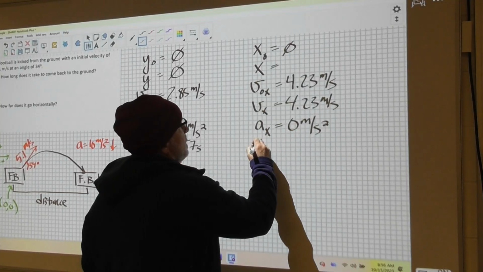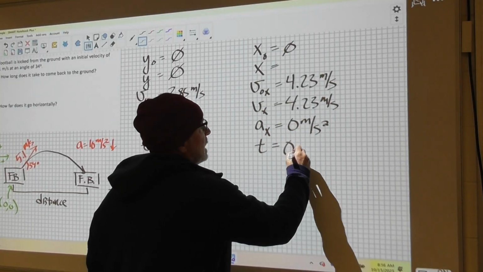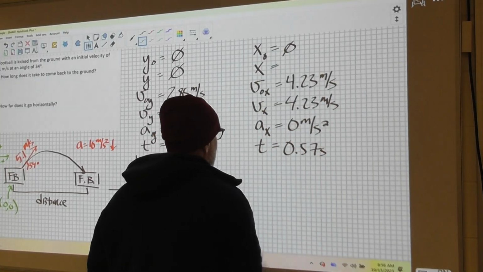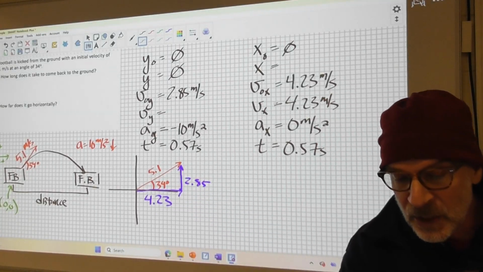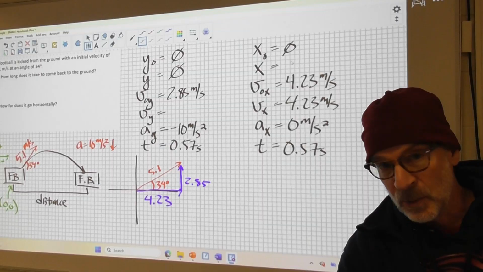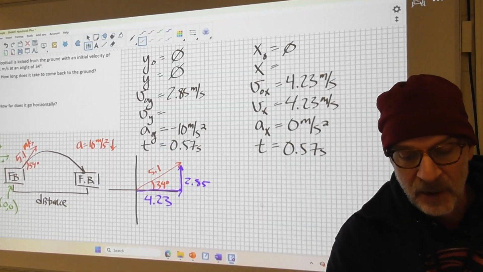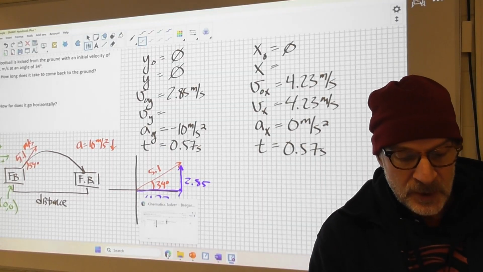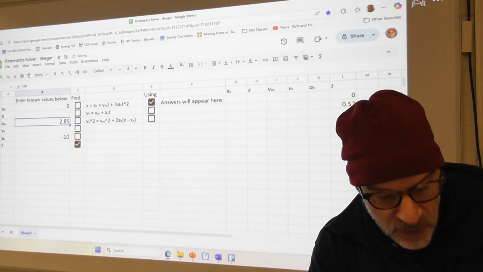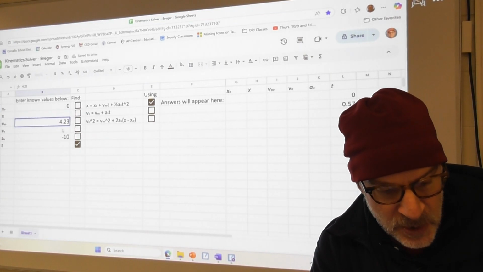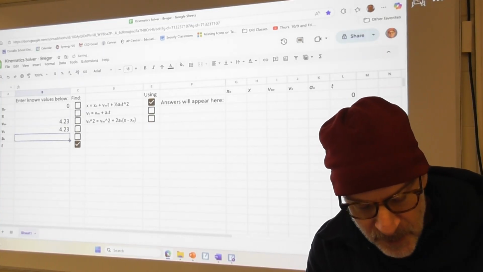The amount of time that it's moving is the same horizontally and vertically. So it's still 0.57. And we can use the exact same equation that we used before to find how far it goes left to right. So we don't know the final position. Our horizontal velocity is 4.23, both at the start and the end of our time period.